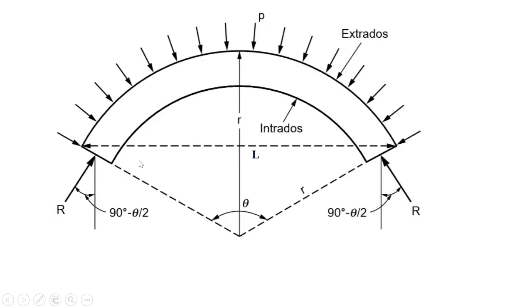In this figure, this is the thickness of the arch dam. At the end of the thin cylinder theory, we are going to calculate the equation for this particular thickness of the arch dam.